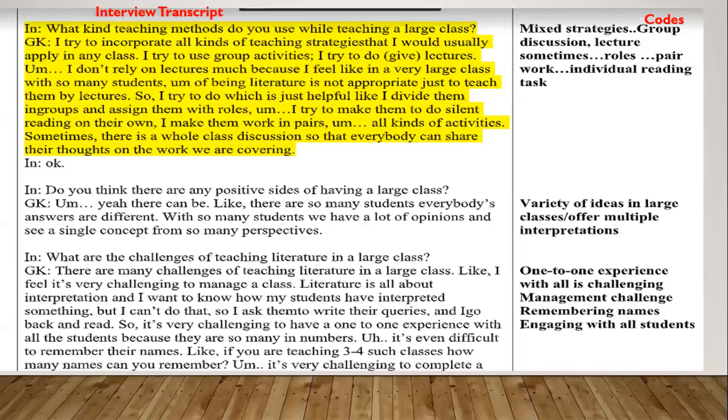Do you follow what's going on here? Do you see why it has been coded?